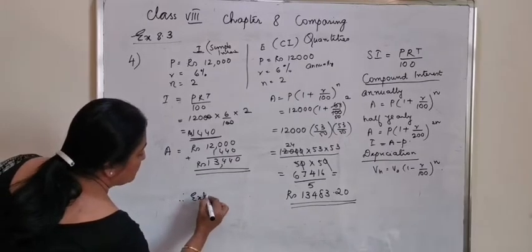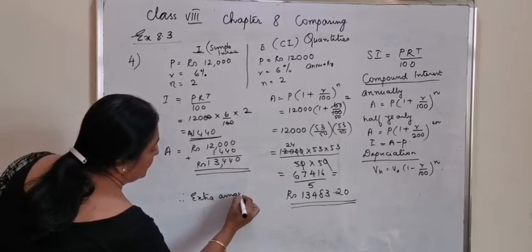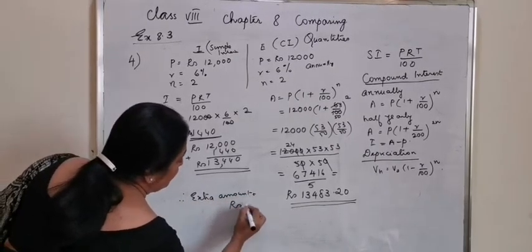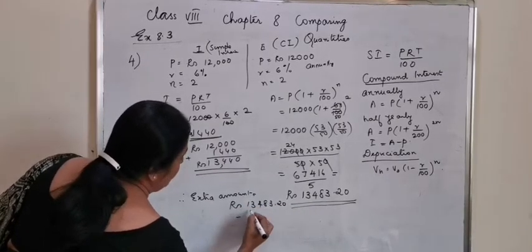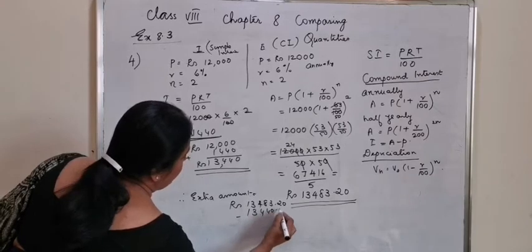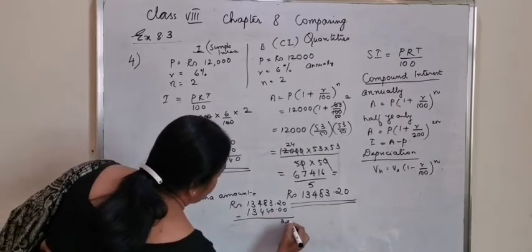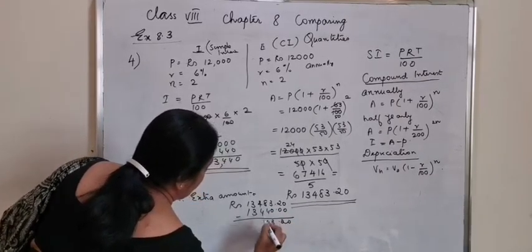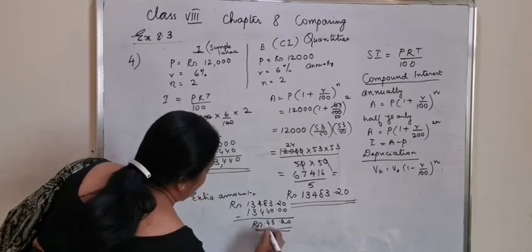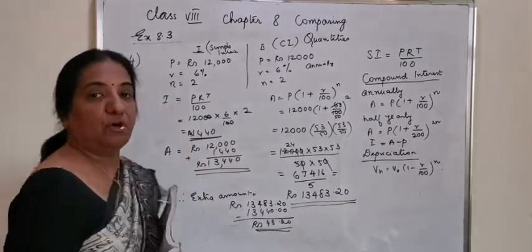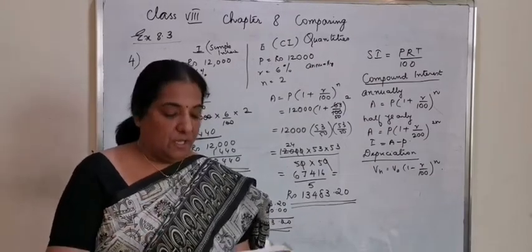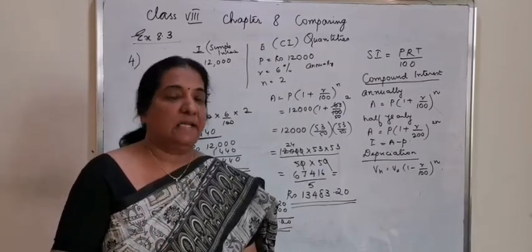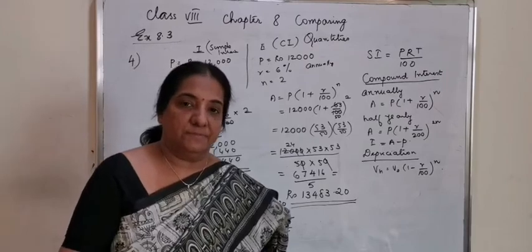Therefore, the extra amount is equal to rupees 13,483.20 minus 13,440. That is rupees 43.20, or rupees 43 and 20 paise extra you will have to pay when you calculate by the compound interest formula.